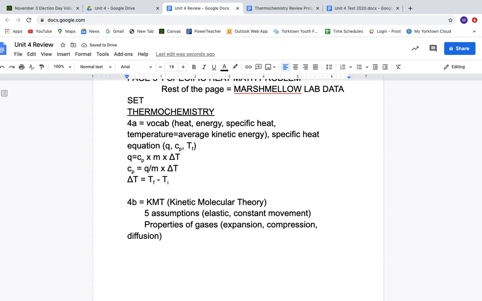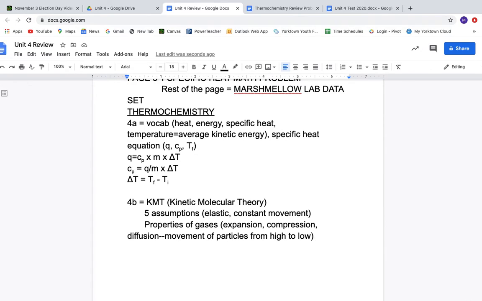Remember, expansion is the particles getting farther apart. Compression is the gas particles getting closer together. And diffusion is defined as the movement of particles from high to low. So you have a whole bunch of particles in one area.